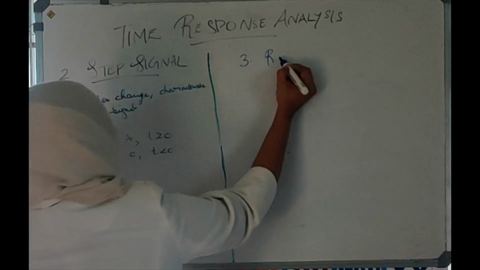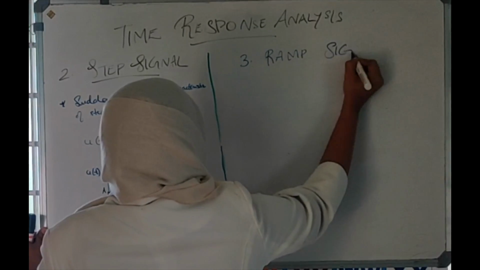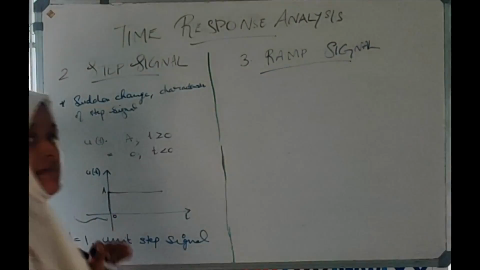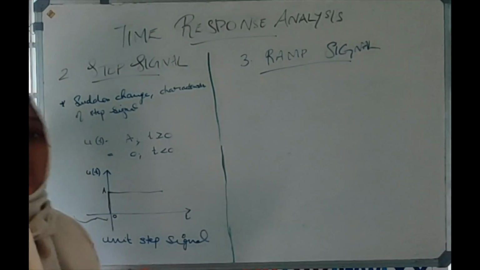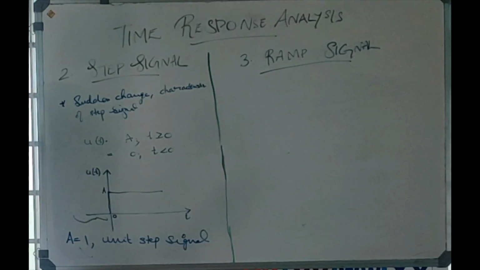Now comes the third one, the ramp signal. This ramp signal imitates the constant velocity characteristics of the actual input signal.